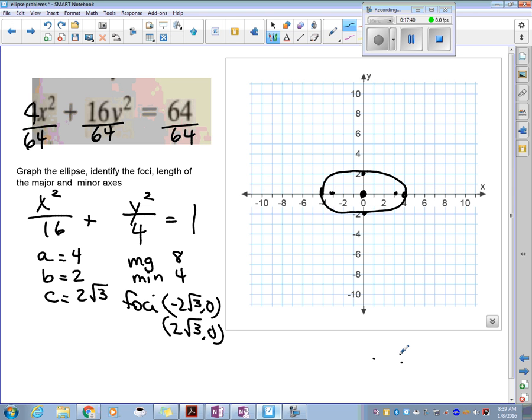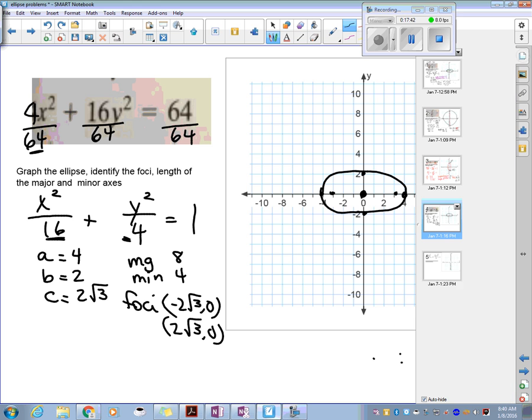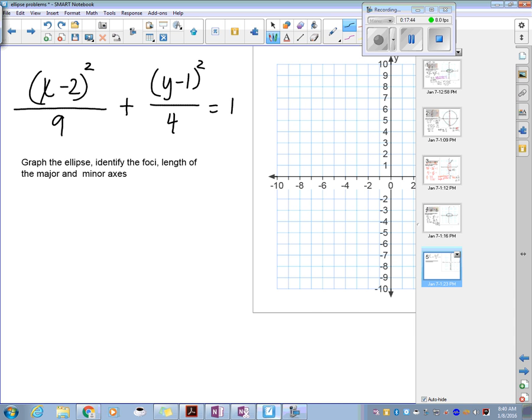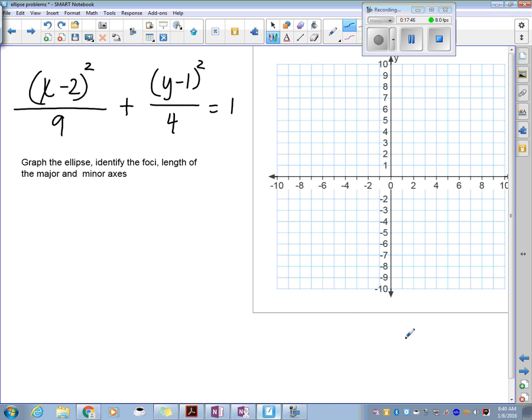Okay, so the last example. This one is already in standard form, but you see that the center is not 0, 0. All of the other things stay the same, and if you've been counting rather than just calculating, you're not going to have a problem with this one.